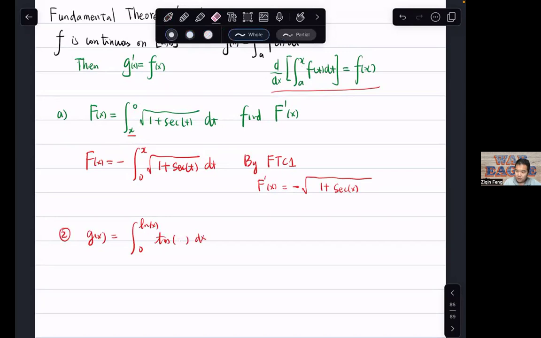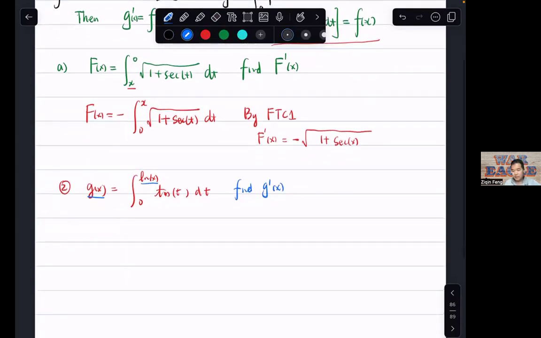So we need to change the variable name to avoid confusion, right? The dummy variable, you can change to anything you want. So we want to avoid using the same letter as the variable of g, right? So we want to find g prime of x.